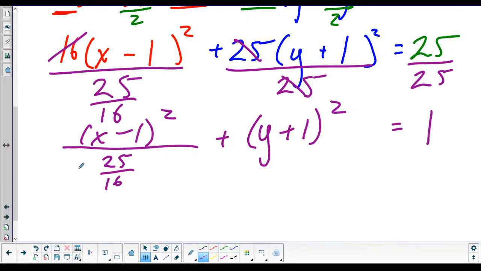I understand that this looks ugly as heck, but that's kind of the way you would want to do it. That's why most people would probably leave it this way. What this is telling you is that your a is a fraction. If you take the square root of this, this is 5 over 4. So that's a. A is 1.2. The problem here is that your semi-major axis is a decimal in this example.